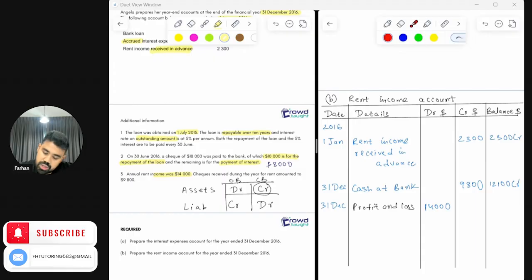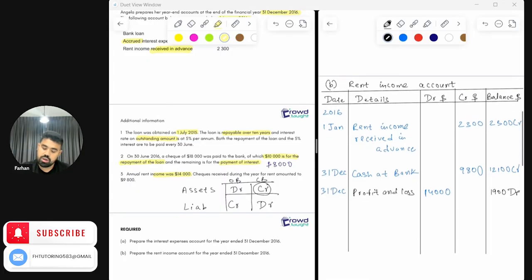Now, what's happening here? Previously we had 12,100 credit. Now we have 14,000 debit, which means we have more debits than credits, so the final balance will be a debit. The difference is 14,000 minus 12,100, which is 1,900. I believe I did the math correctly. Yes, 1,900.